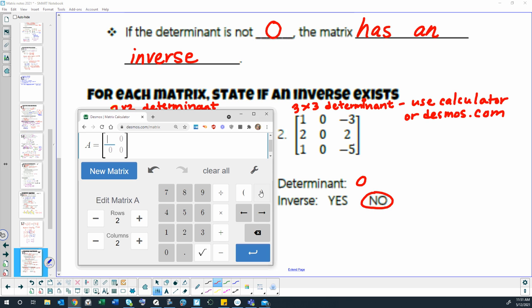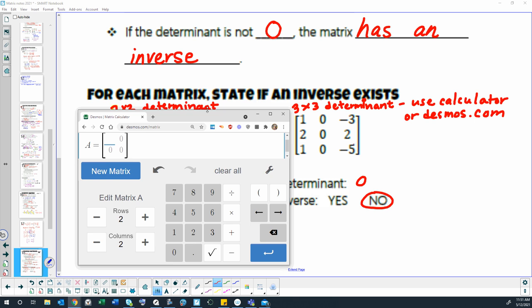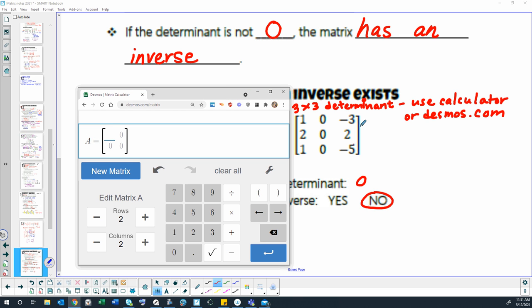Make this a little bit bigger. I don't want a 2x2 matrix, right? I know how to do 2x2s by hand. I want a 3x3. So right below where it says New Matrix, I can change matrix A so that it has 3 rows and 3 columns instead.